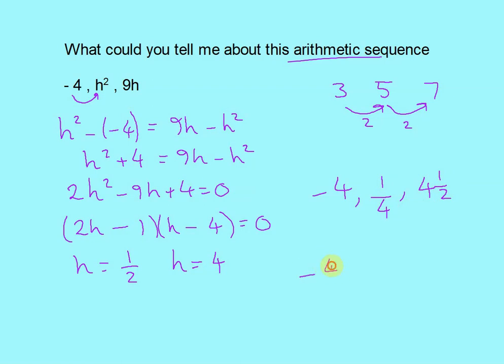We're going to start off with minus 4. So when h is 4, h squared is 16, and 9 fours are 36. You can see the difference now is 20. So this gave us two different arithmetic sequences, and that's what they could be asking you for.